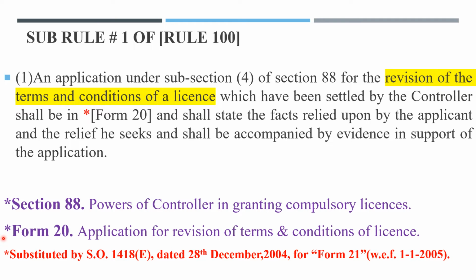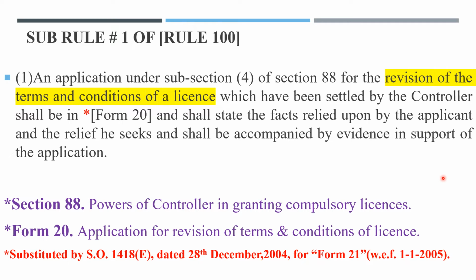This indicates the words within the square bracket have been substituted, as dated 28th December 2004, for form 21 with effect from 1st January 2005. So earlier it was form 21 and now it is form 20, with effect from 1st Jan 2005.